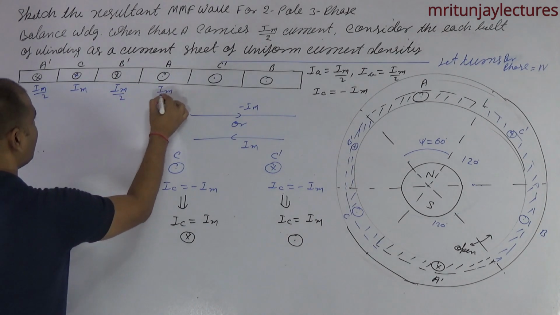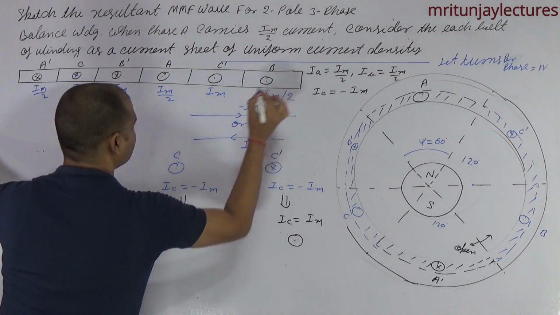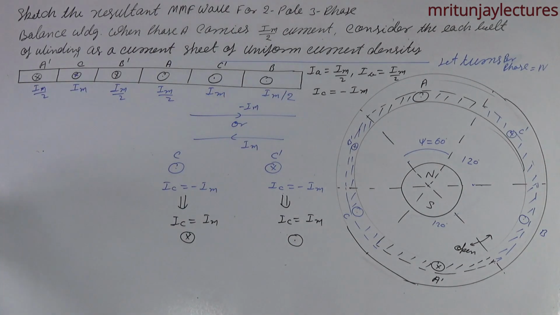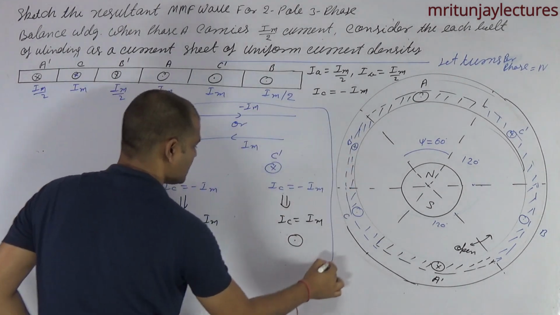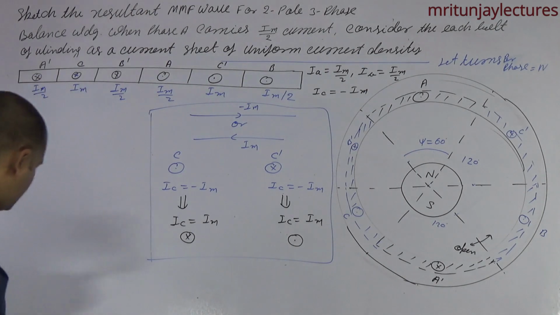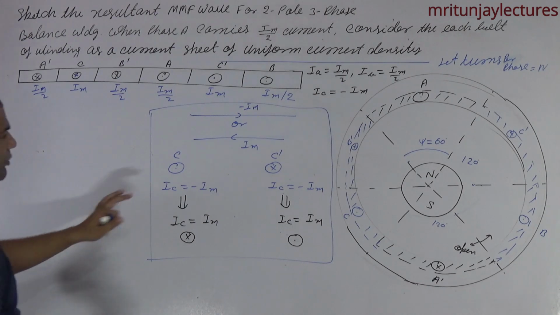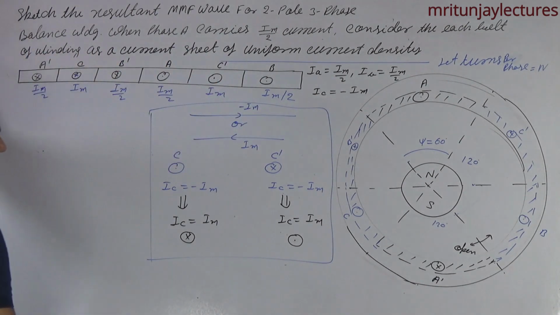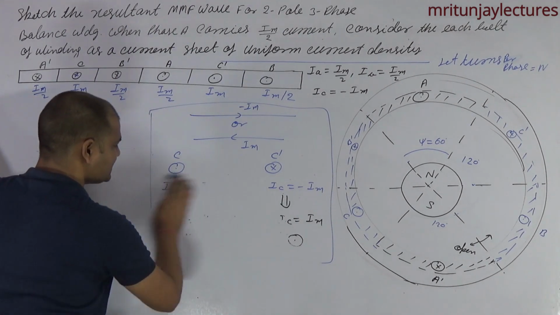That is also Im by 2, and this is also written like this one. First of all, make it. This is a very important part of this MMF diagram. Okay, now make it.